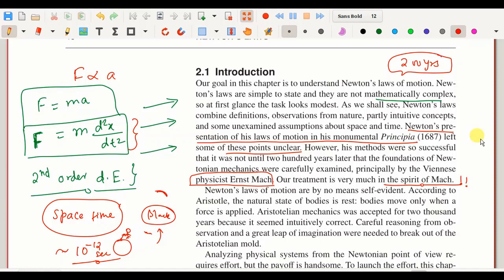Actually what happens is that it is not only Einstein. If you go to the history of physics, you will find that Mach really gave the core idea, and Mach's idea and Einstein's idea are actually parallel to each other. Okay, when it came to that, Newton's equations are not the equations which are actually nature's driving equations.